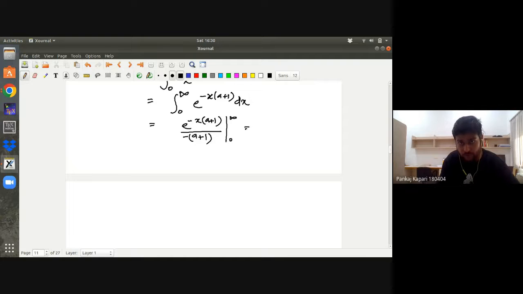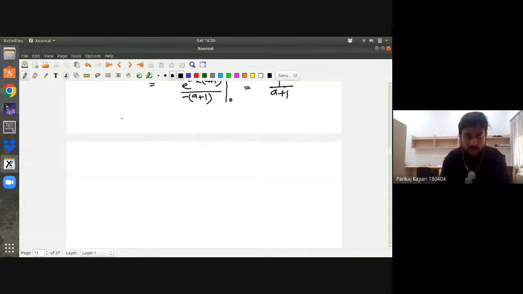Note that when we take the limit up to infinity of this exponential function, this in the limiting process will become 0, and then we have another minus sign here. So it will turn out to be 1 over a plus 1, because the exponential function becomes 1 when you put in the lower limit 0.